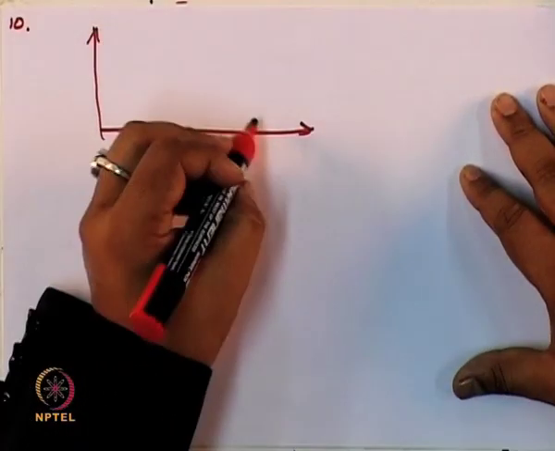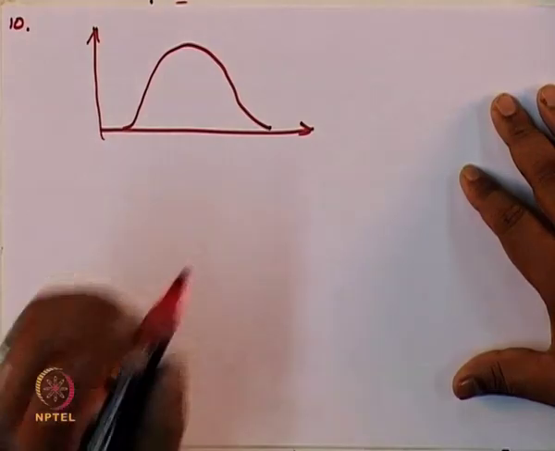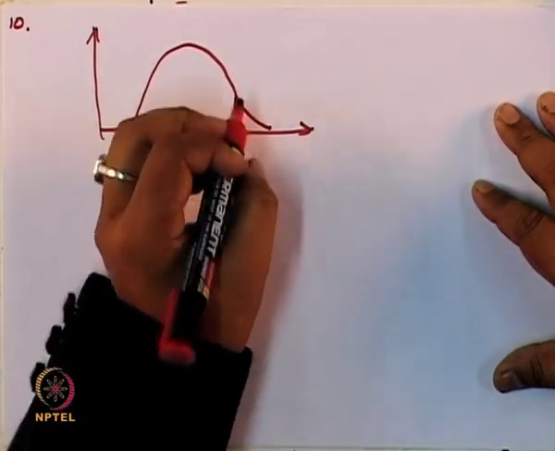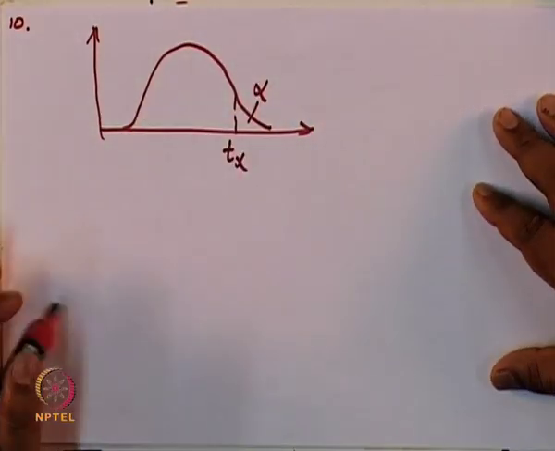As in previous cases, for the t distribution also you can calculate t of alpha, where alpha is the area under this curve.